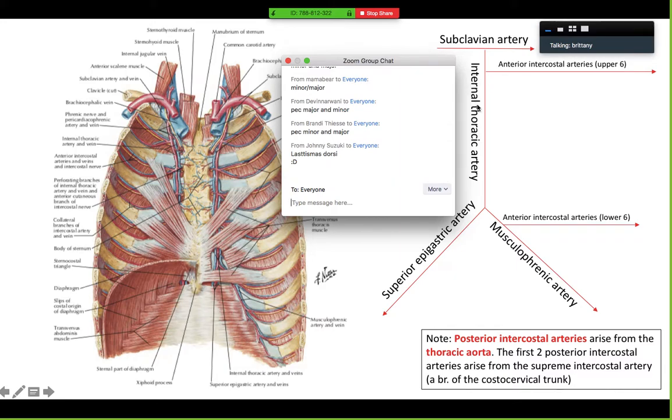I believe last year they tagged the internal thoracic artery. So the subclavian artery on either side gives off the internal thoracic, which supplies the anterior thoracic wall, and then it splits into a superior epigastric and a musculophrenic.